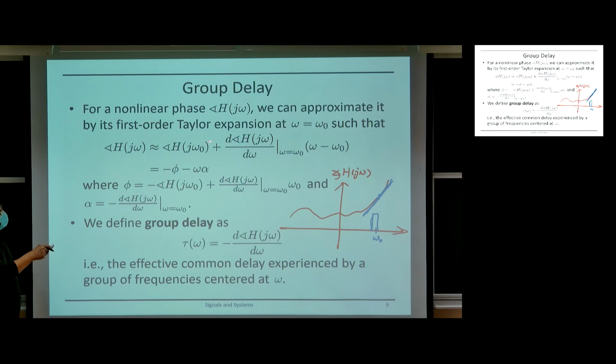So let me group together the constant terms, which is this plus the slope times minus omega naught, into this phi, minus phi. And we set this slope as minus alpha. So phi is just minus the angle at omega naught plus the slope times omega naught, and alpha is just minus the slope at this point.